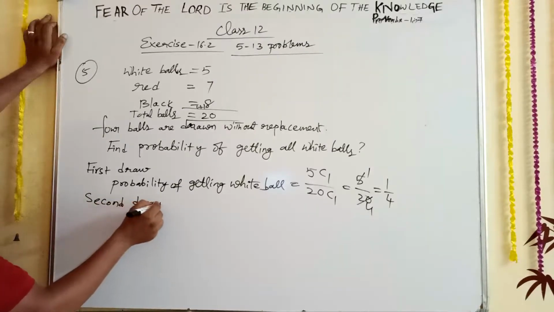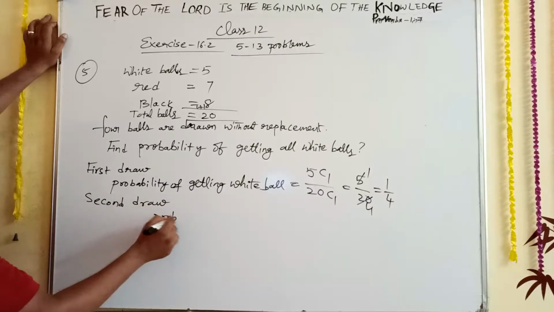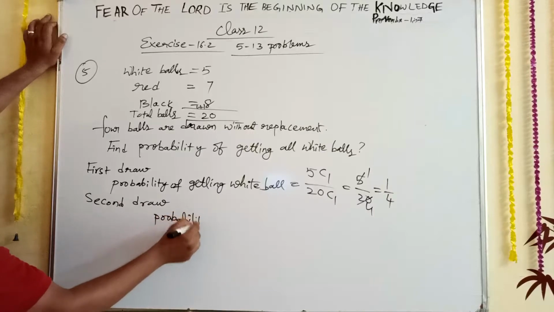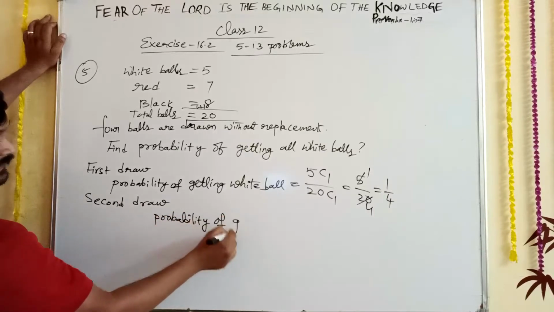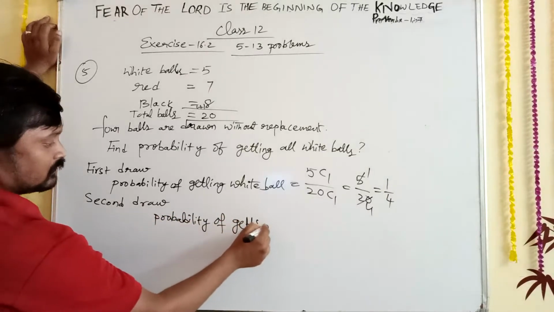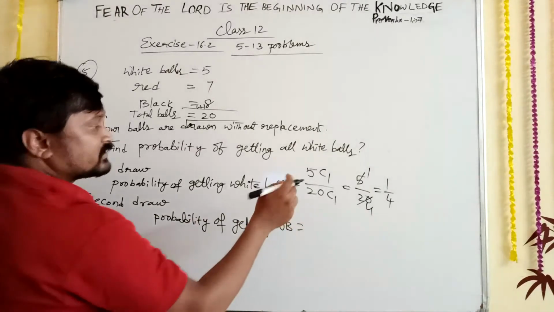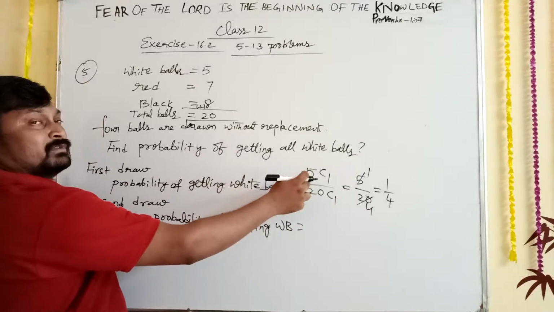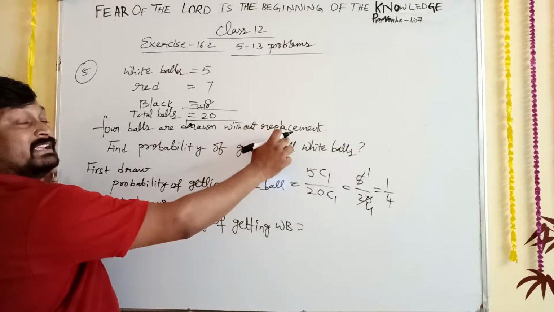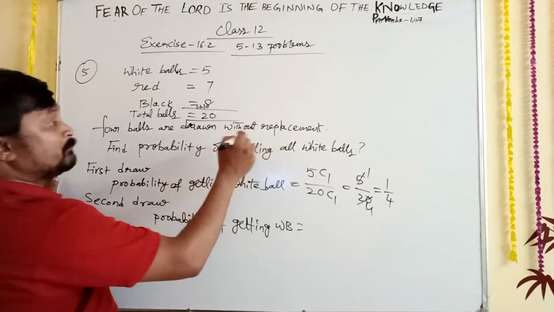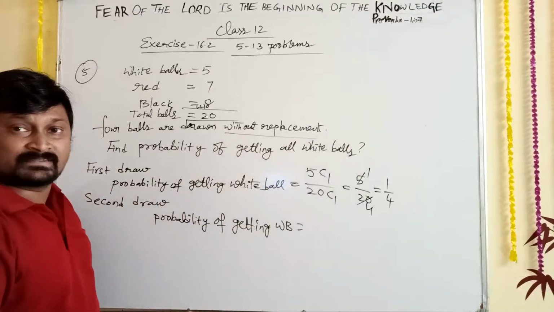I'm directly writing the second draw probability of getting a white ball. WB means white ball. Now one ball is already removed and it is not replaced. This is very important here: without replacement.